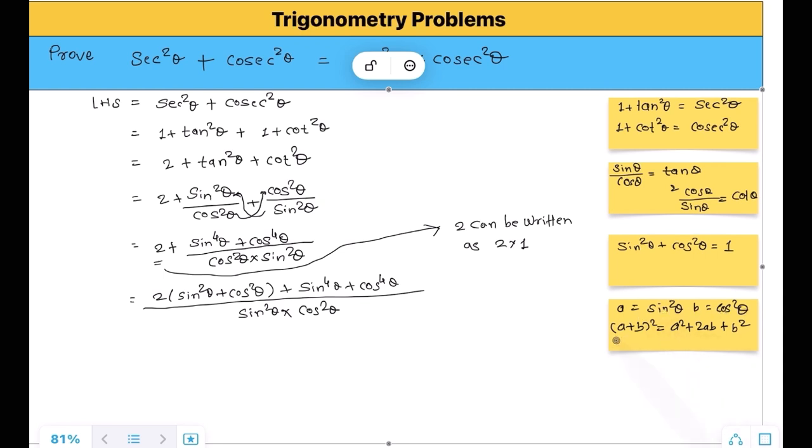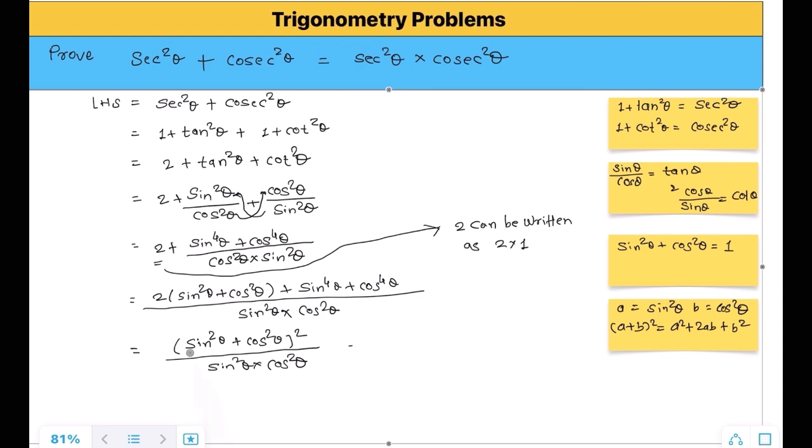So sin square theta plus cos square theta bracket square would be sin raised to 4 theta plus 2 sin square theta cos square theta plus cos raised to 4 theta. If you look carefully, this is nothing but the same. So we can replace it with sin square theta plus cos square theta bracket square.